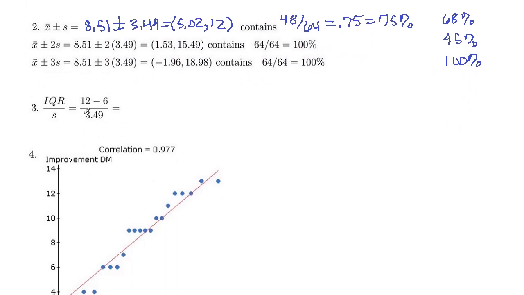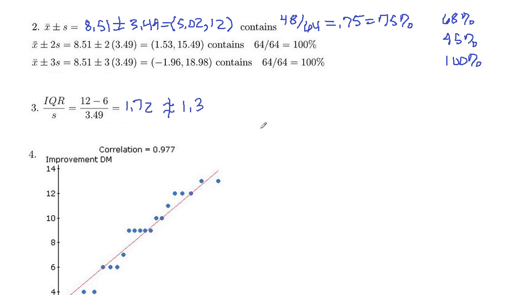IQR divided by S. So our Q3 minus Q1, 12 minus 6. Our standard deviation, 3.49. And when we divide that out, we get 1.72, and that is not approximately 1.3.